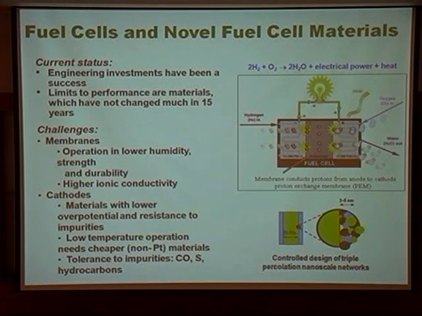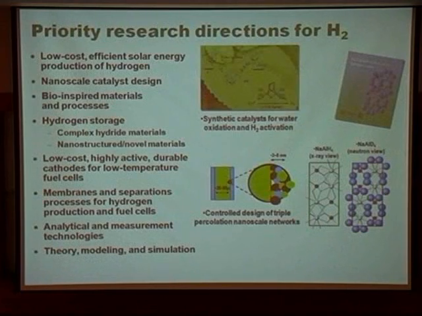These fuel cells, especially the solid oxide fuel cells, are widely used in places like Alaska and other places that don't have a ready supply of electricity, and a lot of communities rely on these, and so it's very doable. To run a car on this will take some advances that I think these areas address. So these are the priority research directions, and I won't go through this for the sake of time.